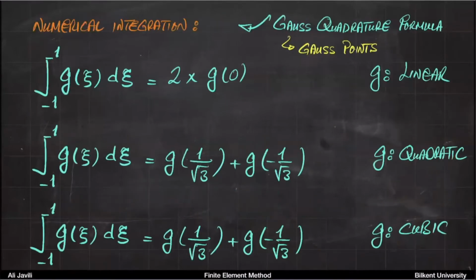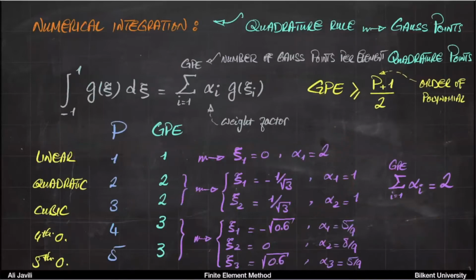And we did that with Gauss quadrature. Again, we had a 1-point Gauss quadrature rule, a 2-point Gauss quadrature rule, which would be also valid for quadratic and cubic polynomials. And then this was basically the famous slide for quadrature rule using Gauss points.